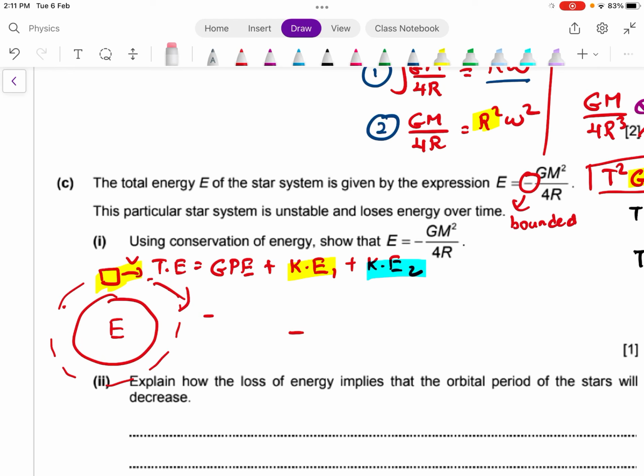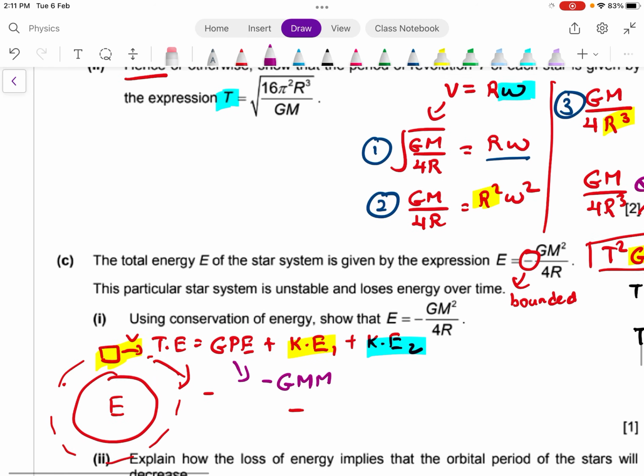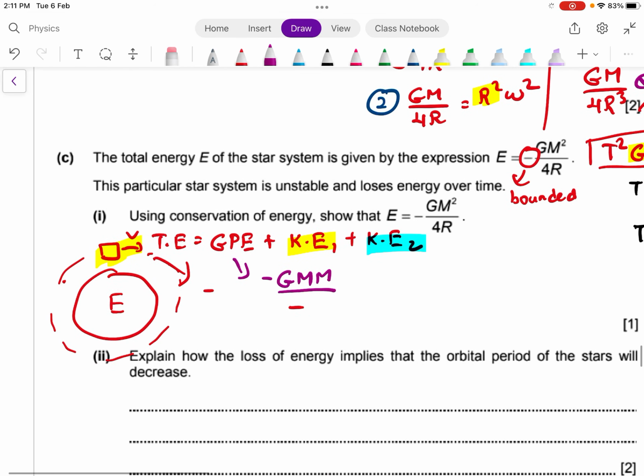So the total energy of the system: GPE is equal to negative GMm over 2R. Likewise, why is it 2R instead of R? For the first case, I want to determine the GPE of the satellite from the orbit to the center of Earth. This is your R, from the center of the Earth to the satellite.